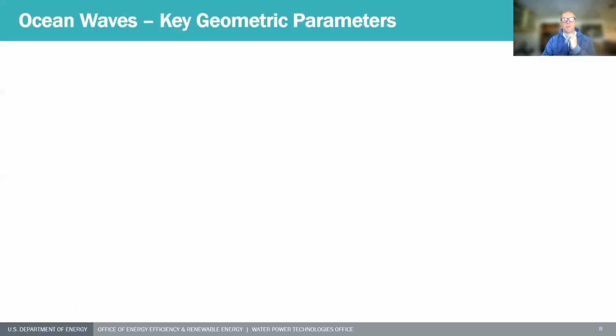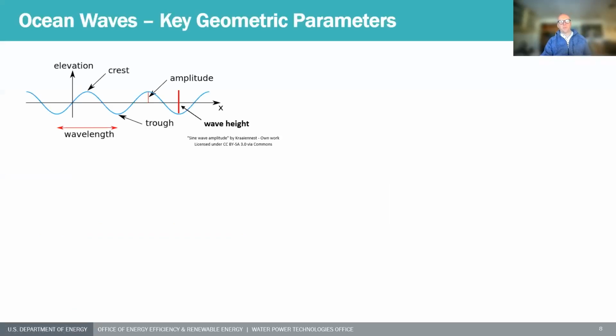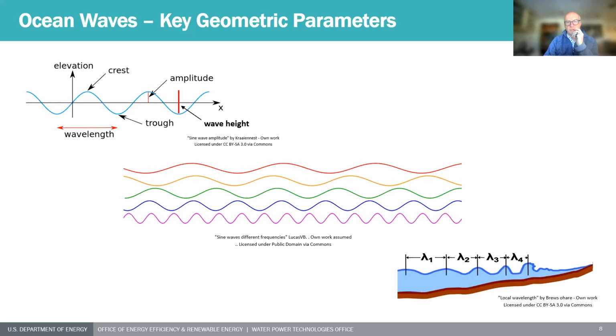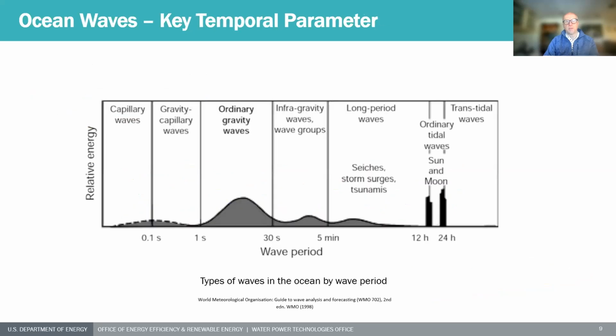Okay, so we started with ocean waves. Last time we went through a simple geometric description of waves, understanding that they have different periods and lengths, and that they deform when they interact with other things like shoreline. We've looked at the spectrum of different waves that there are, from tidal waves to capillary waves, and we understand that the most energy content is in the ordinary gravity waves that we are chasing here.